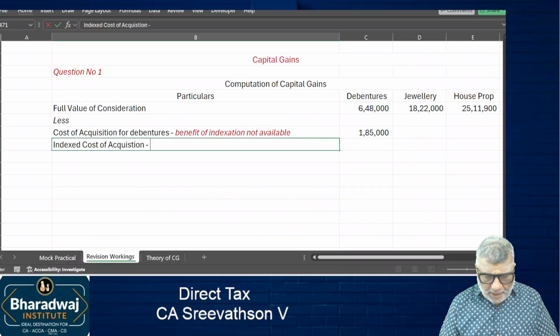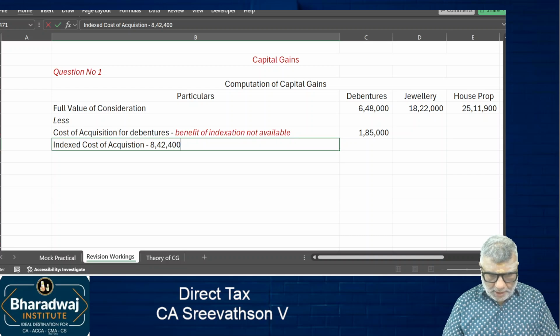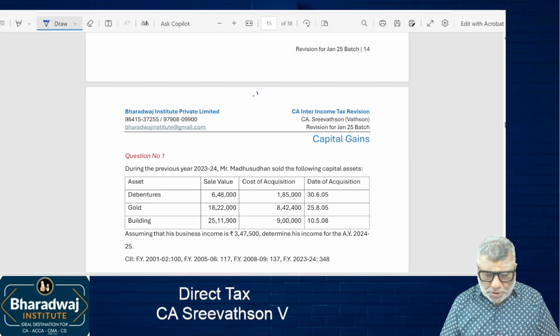8,42,400 into 348 divided by 117 for 2005-06.